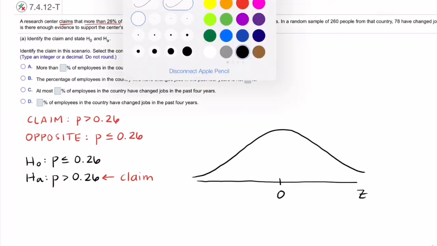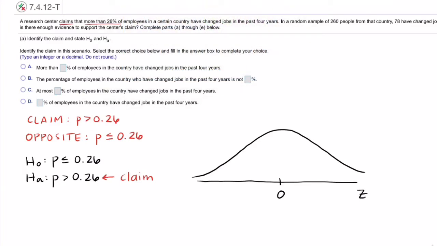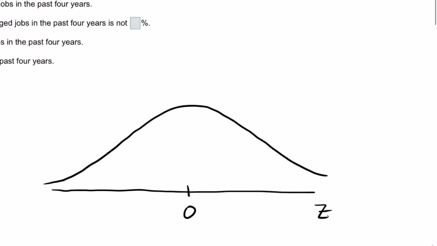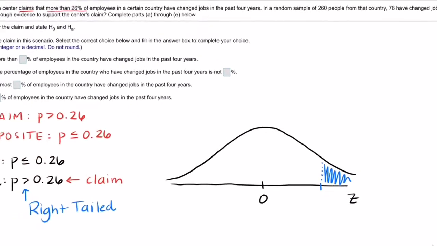Now remember, to know where to shade, you always look at the alternative hypothesis. And because this one contains greater than, that tells you this is going to be a right-tailed hypothesis test. So that means I want to shade my rejection region here in the right tail of this standard normal curve.